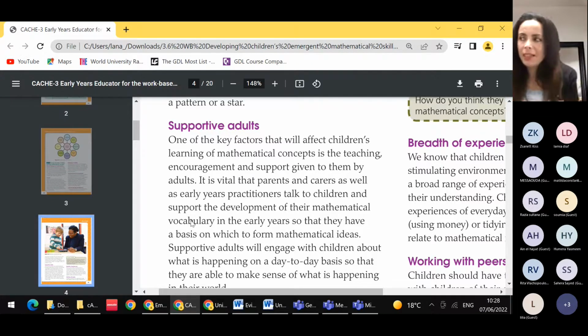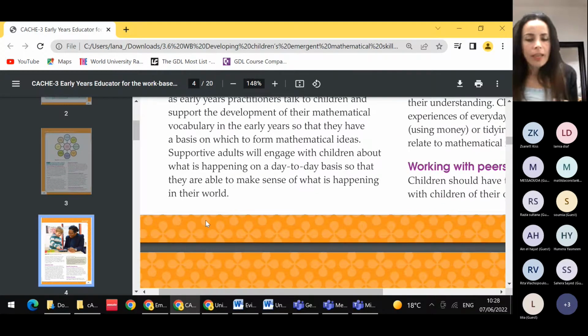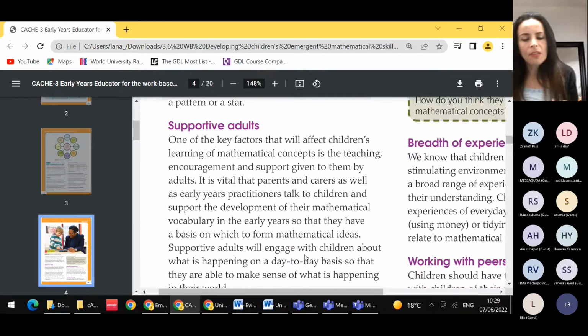It will boost their level of self-confidence. So all this will encourage them to learn more. Okay, so it all depends on what's happening on the daily basis, day to day, how much we support them, how much we help them, how much we encourage them. That will all help the child to develop.